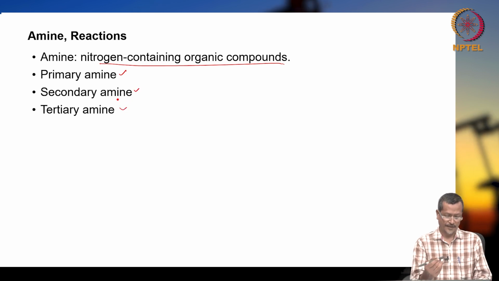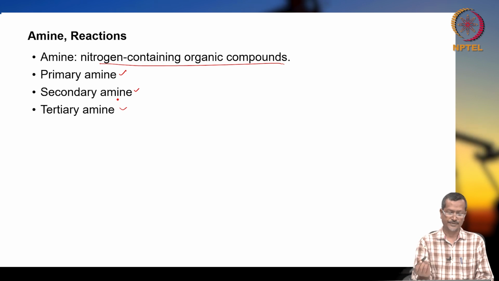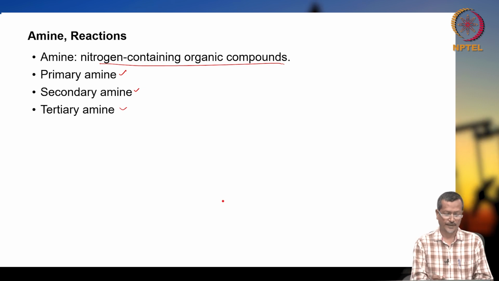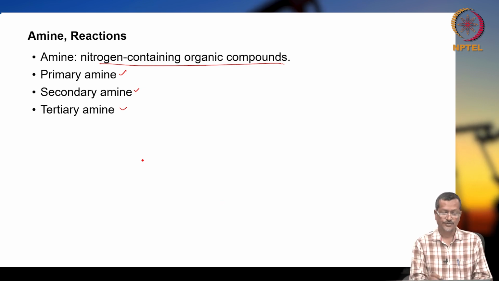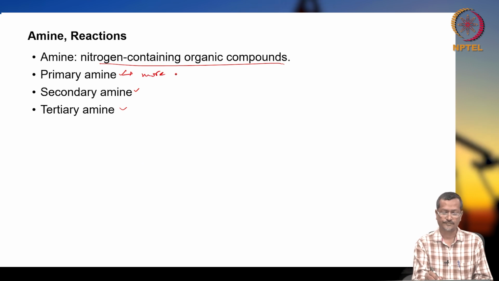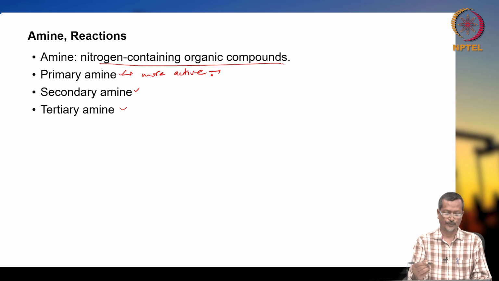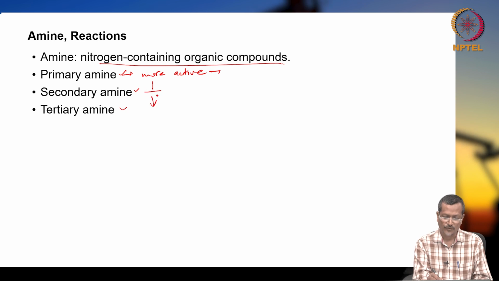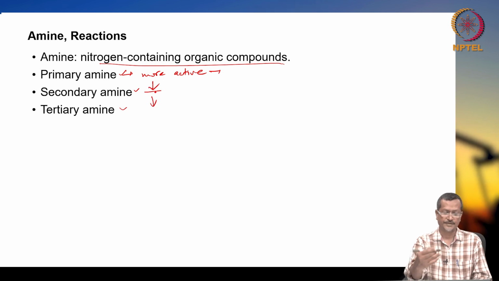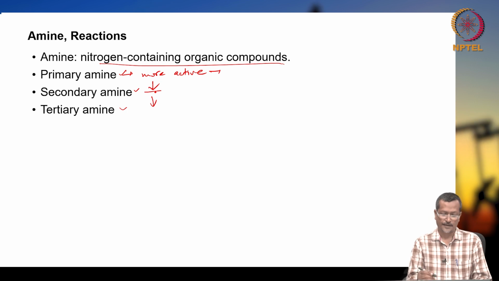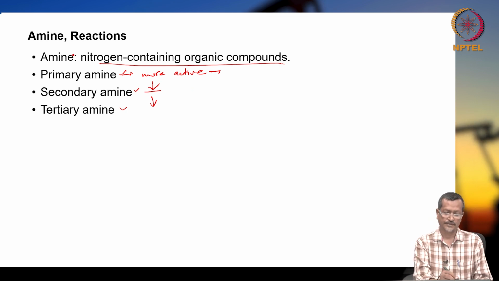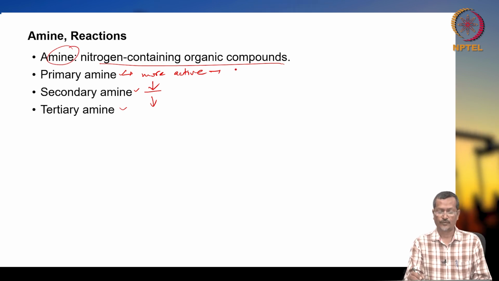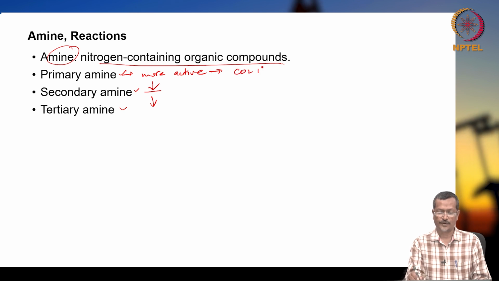Primary is the most active, so the reaction will be quicker; secondary is less active, and tertiary is lower still. So, the primary amine reacts quickly with CO2 and H2S.